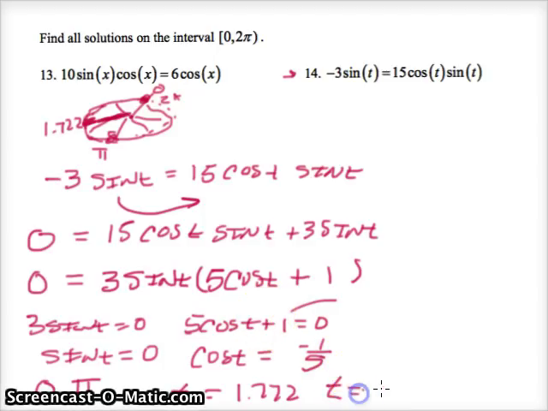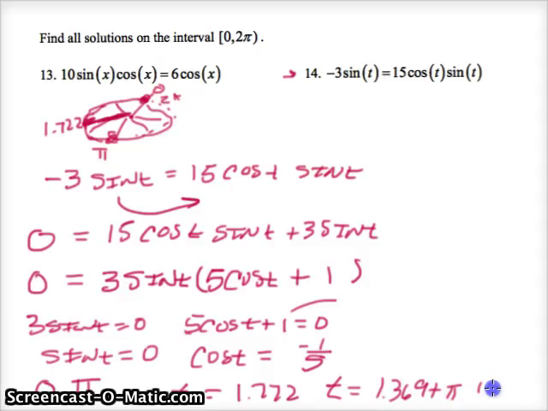The other angle value is 1.369 plus pi, which if I just add 3.14, we get 2.51.